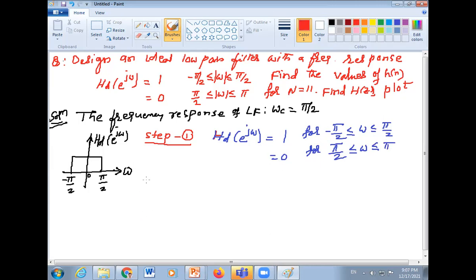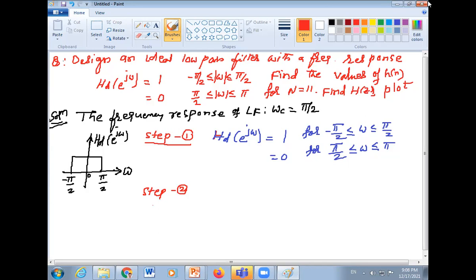Next, step 2 is to find the desired impulse response using the inverse Fourier transform, as I already mentioned.